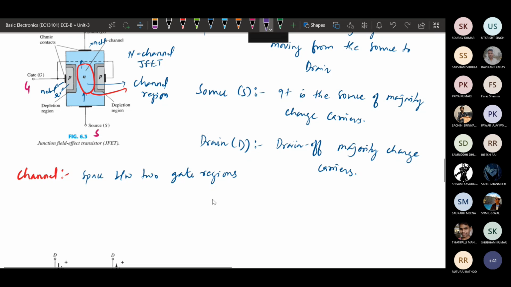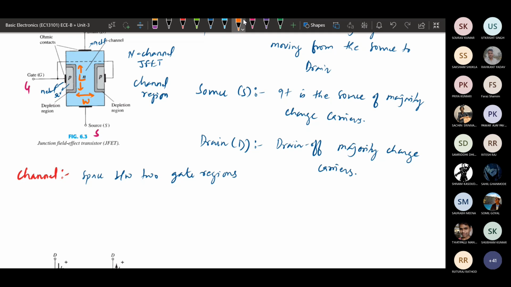If we just remove this, the channel length is defined by this region. From here to here is called the channel length, and the region from here to here is called the channel width. So channel length and channel width are defined like that.